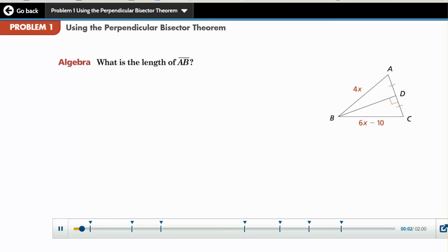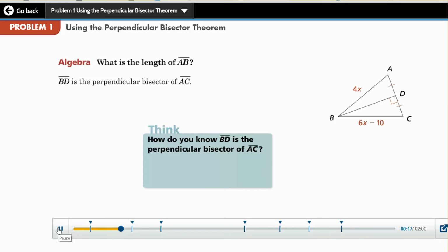In this problem, you will use the perpendicular bisector. What is the length of segment AB? Segment BD is the perpendicular bisector of segment AC. How do you know segment BD is the perpendicular bisector of segment AC?